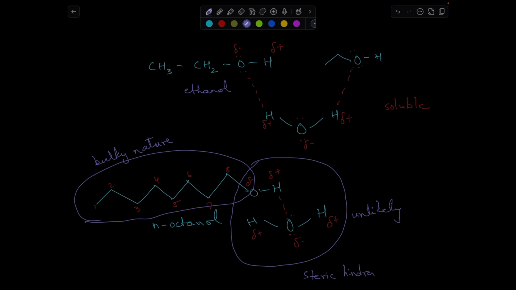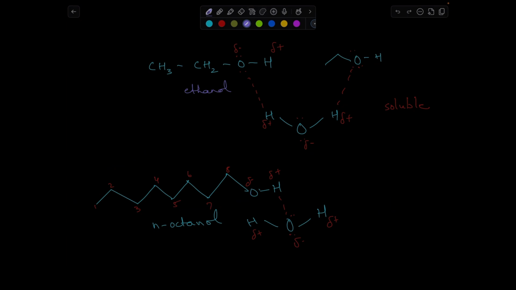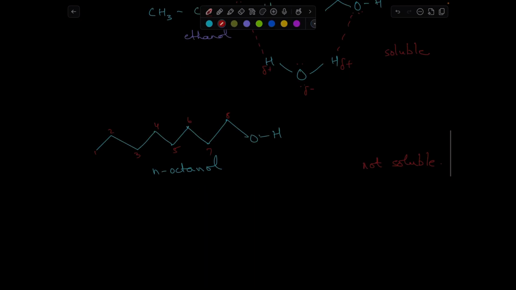Steric hindrance is when a group is physically bulky and it's opposing two molecules from coming close to each other. So because of that, this hydrogen bonding becomes unlikely, and so n-octanol is not soluble in water. So we see how the presence of a bulky hydrophobic group, or a bulky hydrocarbon group, outweighs the presence of the polar group.